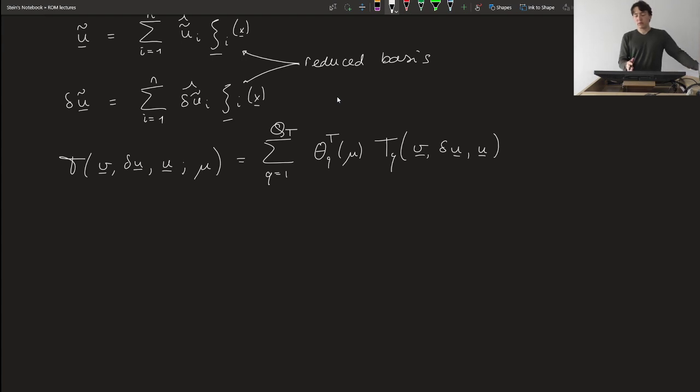Now this is still a trilinear form, which means that for each iteration we have to substitute the previous solution in there in order to get a bilinear form, and hence the tangent stiffness matrix. However, since we're only working with a relatively small number of reduced bases, we can compute for each possible basis what the contribution would be.